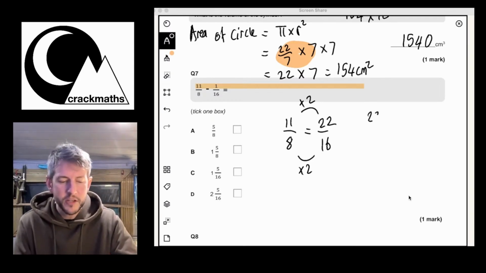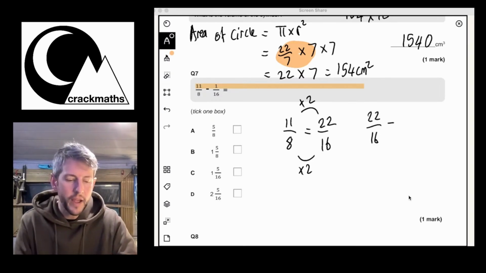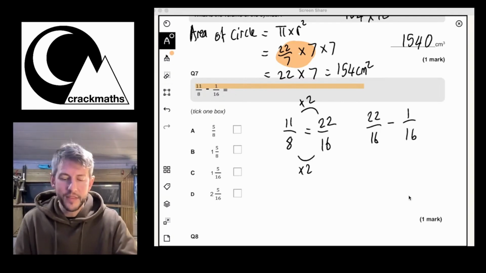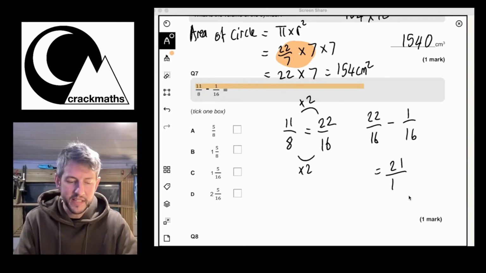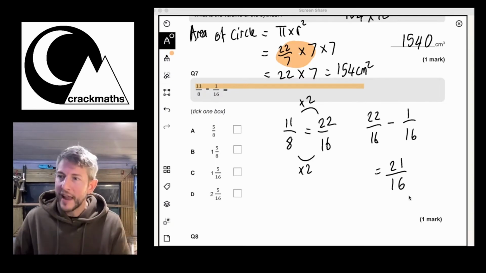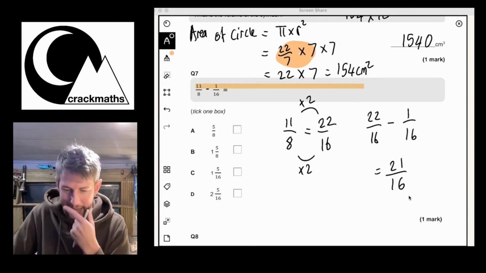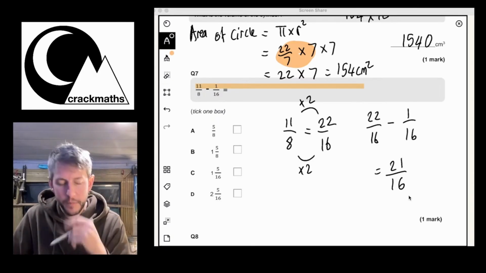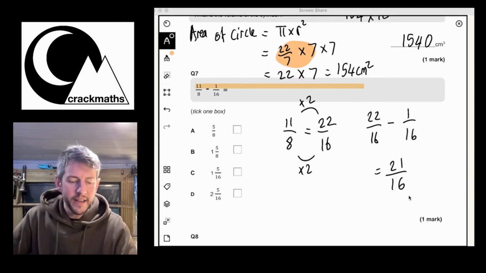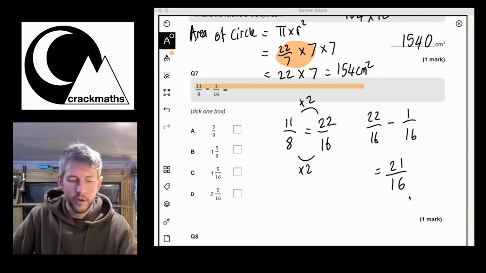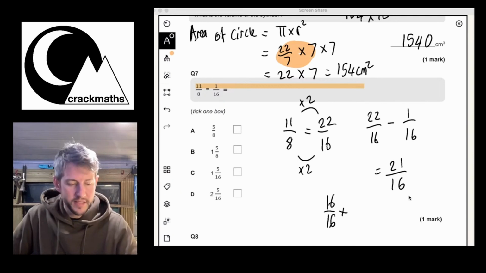Okay, so I've got 22 sixteenths, take away 1 sixteenth, and this is going to equal 21 over 16. Now they haven't given me 21 over 16 as any of these solutions because they've given the numbers as mixed numbers. So I need to rethink 21 over 16 as 16 over 16 plus 5 over 16.